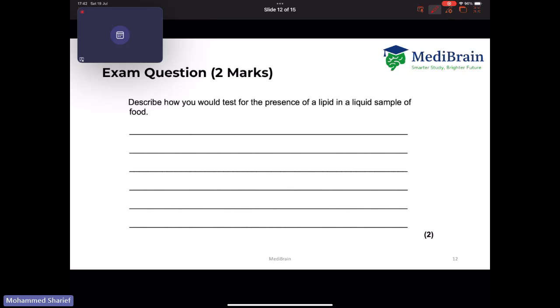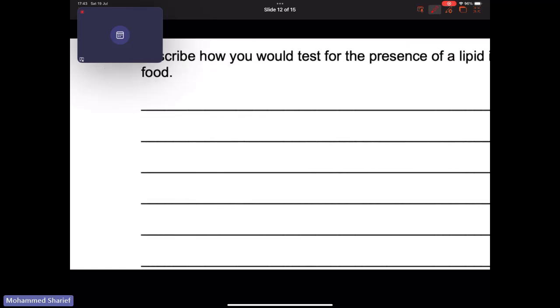Okay, this is our penultimate question. This is what I was saying, you'll see how strict the mark scheme actually is for simple questions such as this. Describe how you would test for the presence of a lipid in a liquid sample of food. Remember the order, alphabetical order.